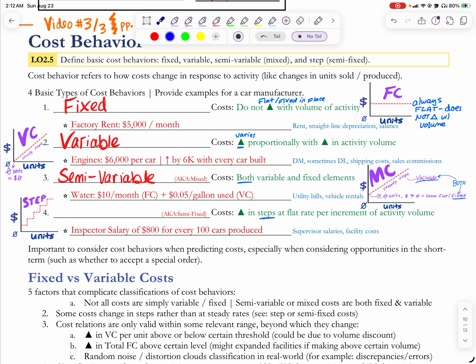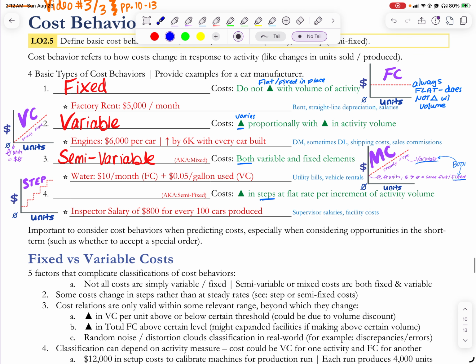And lastly, we have step cost or semi-fixed cost. They change in steps. It literally looks like a series of steps at some flat rate increment. So say that this is $200 at every 10 units.